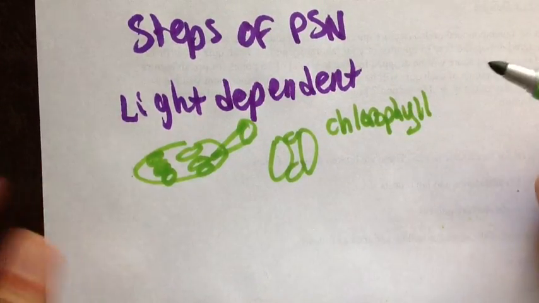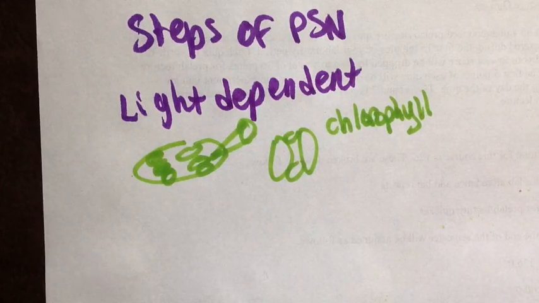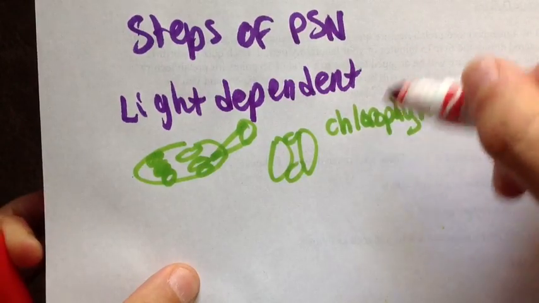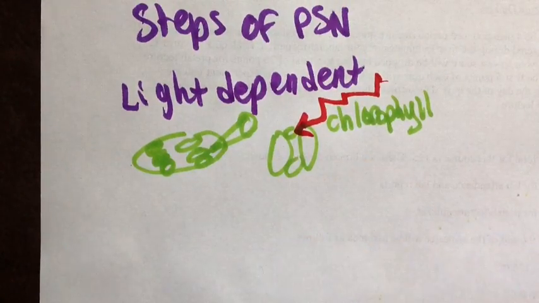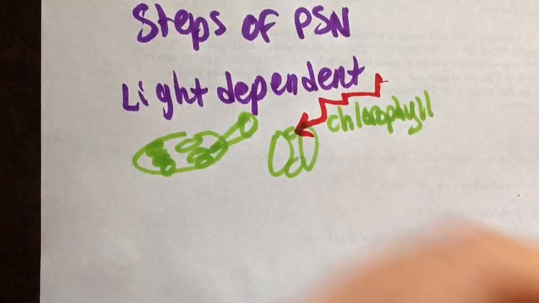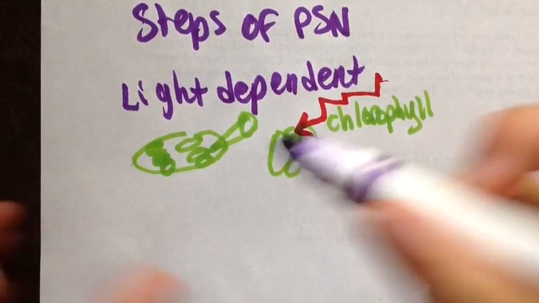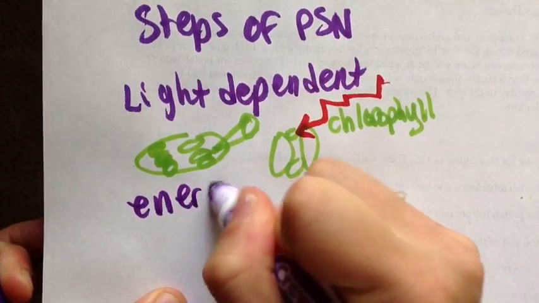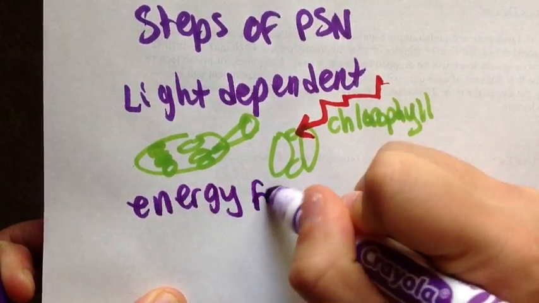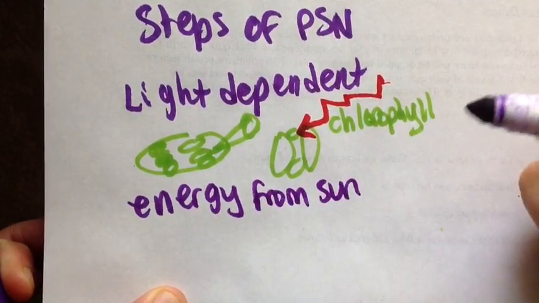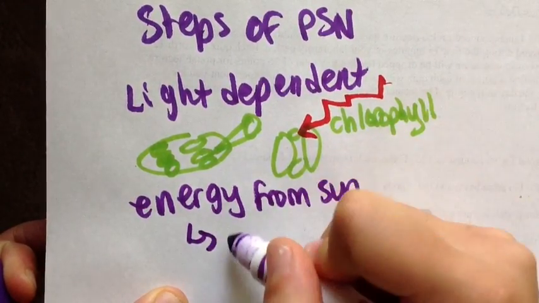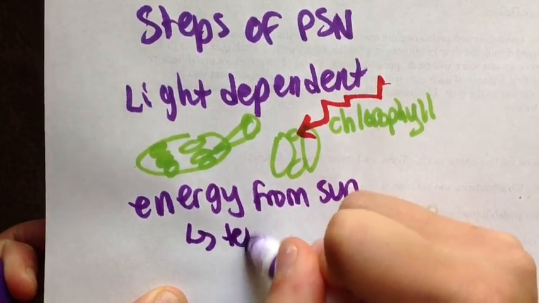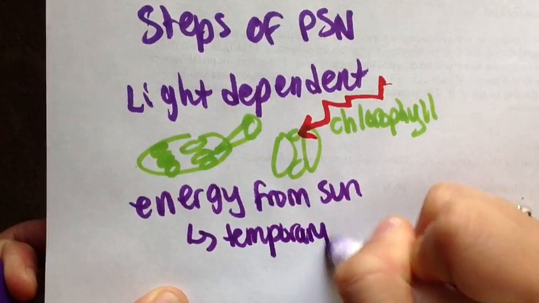And in chlorophyll, what happens is energy from the sun activates them. And that energy from the sun is converted into a temporary energy storage.